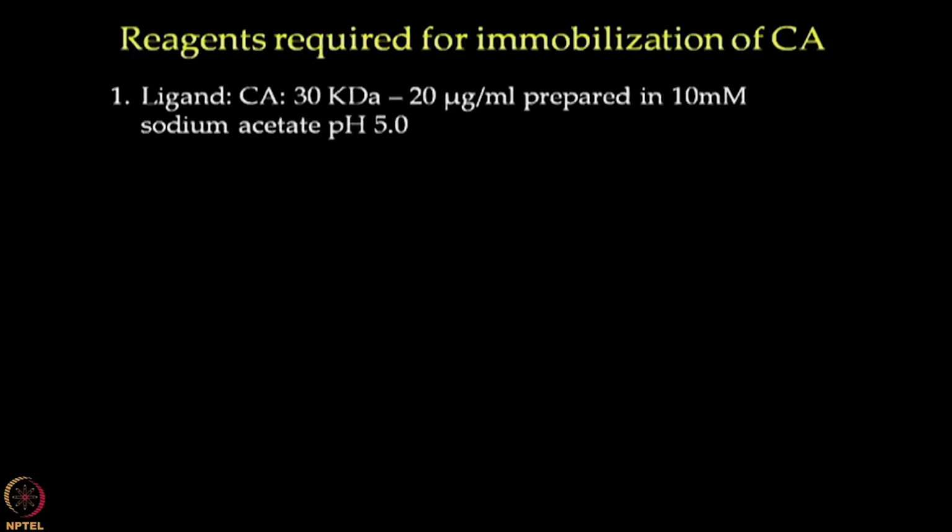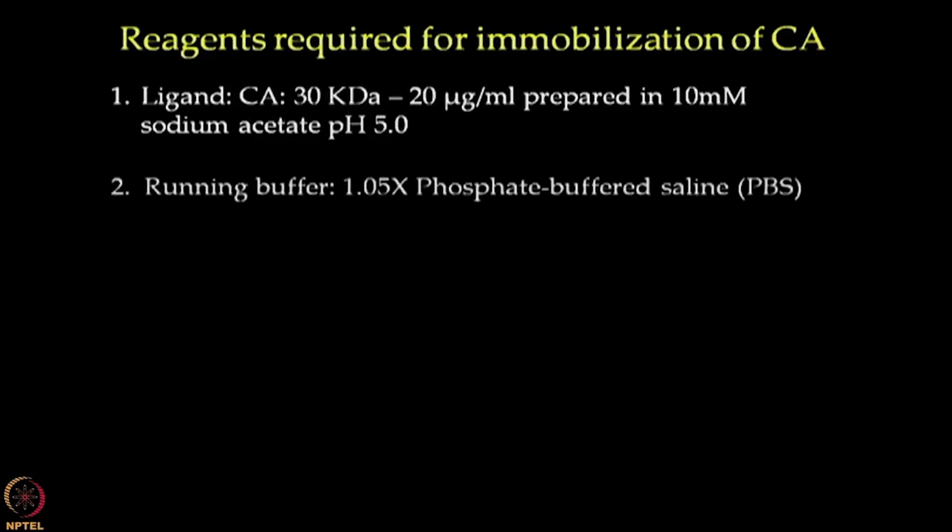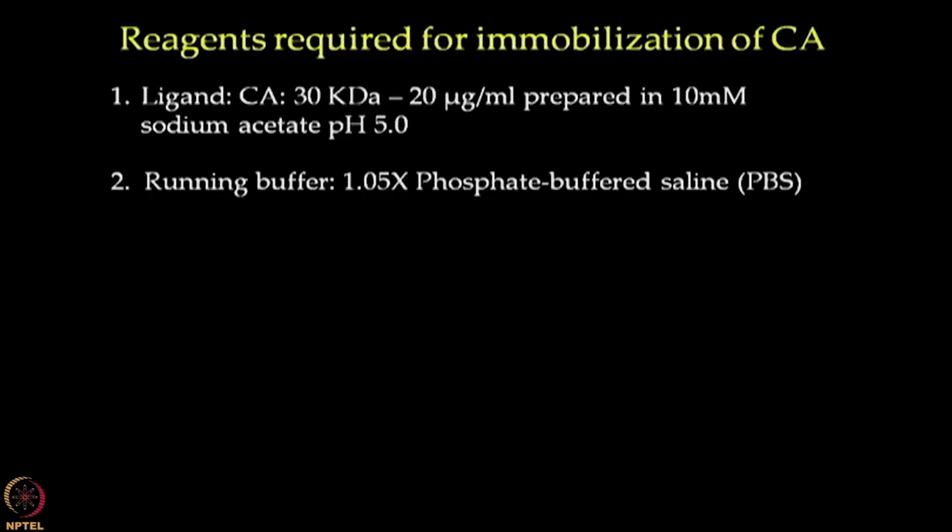The ligand is prepared at a working concentration of 20 microgram per ml using an immobilization buffer of 10 millimolar sodium acetate pH 5. We will be using 1x PBS buffer as the running buffer, which will be connected to the system followed by priming.